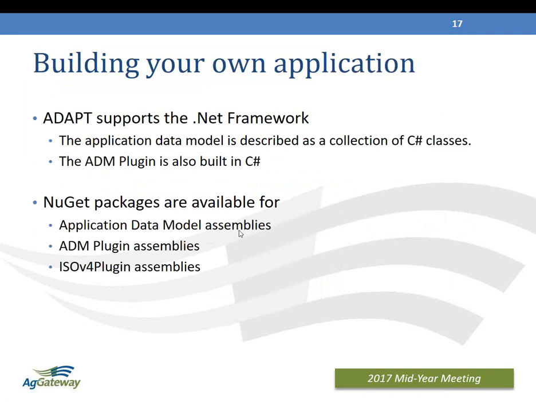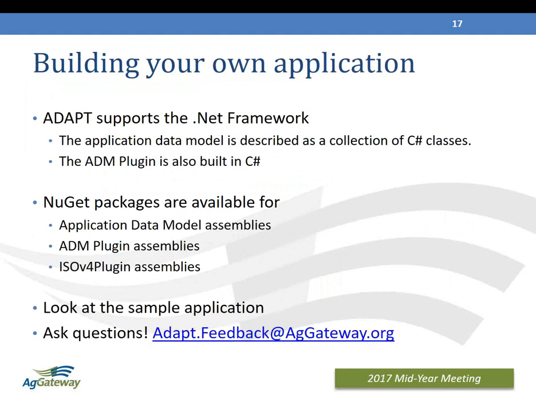So the application data model brings in just the data model itself. If I choose to use the ADM plugin, I will bring in not only the application data model, but the ADM plugin as well as some other referenced code. Makes it really easy to begin using the ADAPT framework within your application.